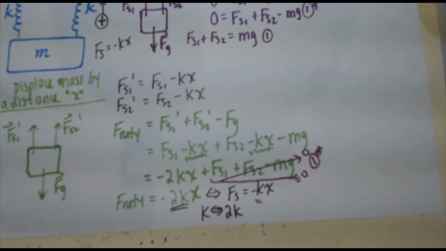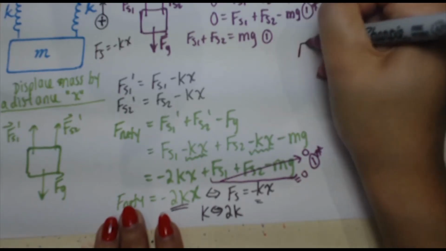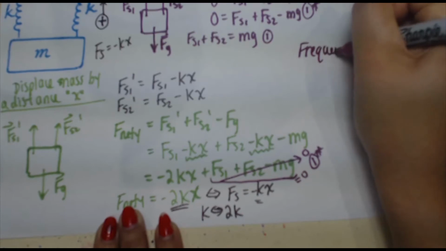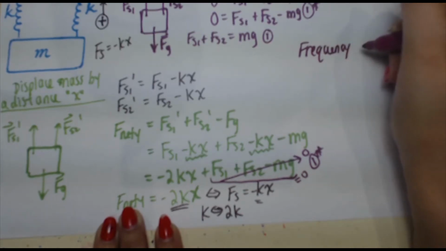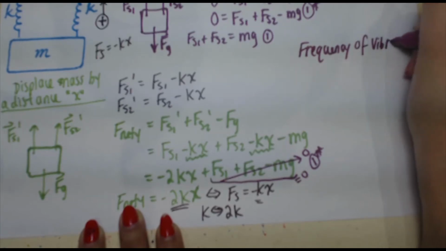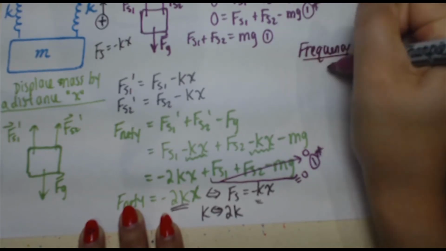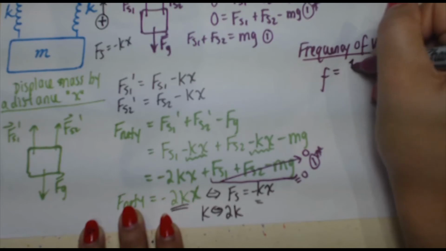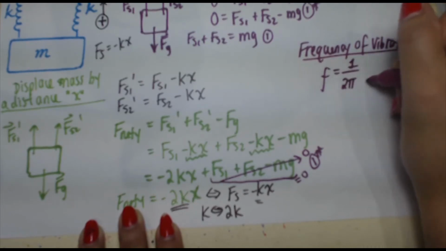So here, let's just go ahead and find the frequency of vibration. Now the frequency is the standard formula we've been using back in videos 133 and 132. So the frequency of vibration f is given by the formula f is equal to 1 over 2 pi square root k over m.